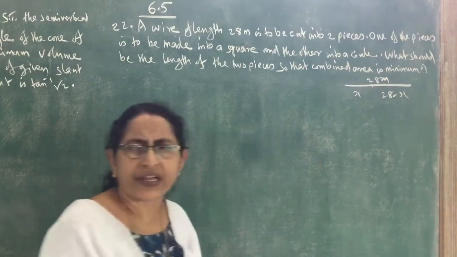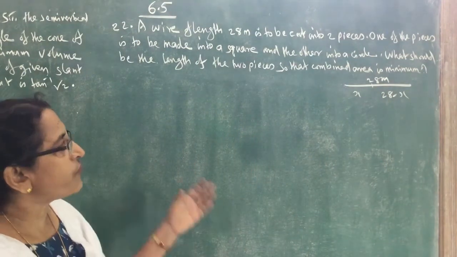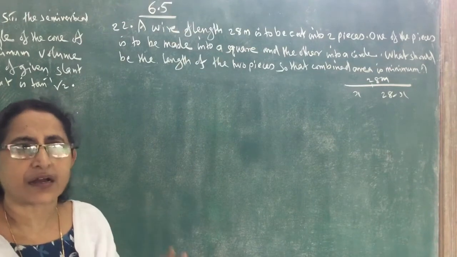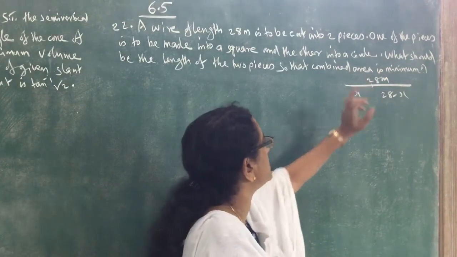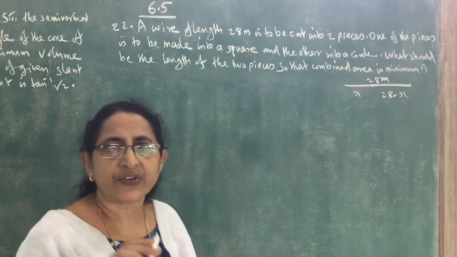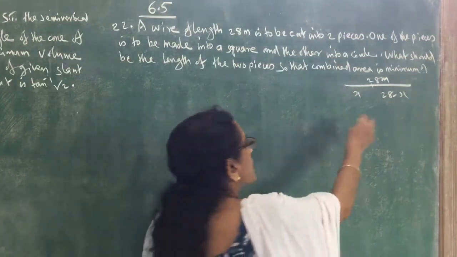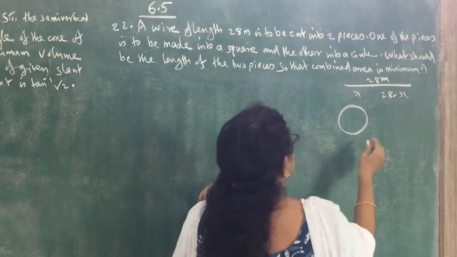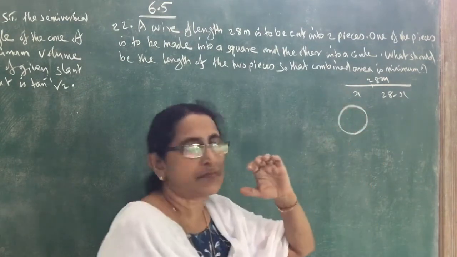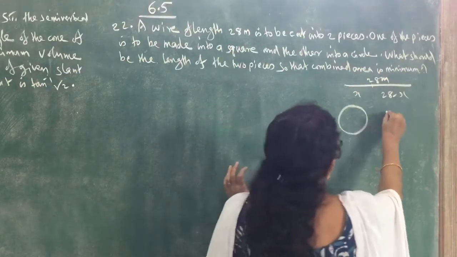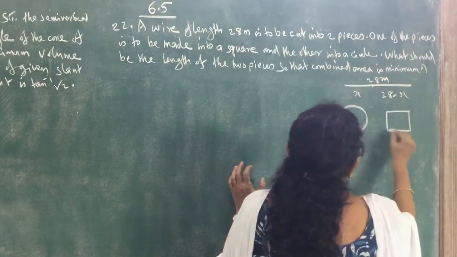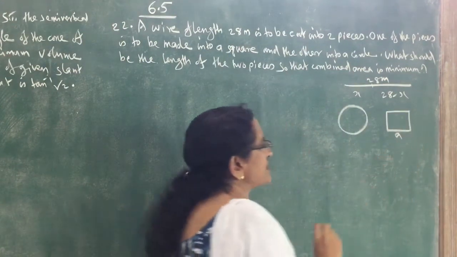These are the lengths of the two pieces, and suppose we use the length x meters to make the circle. So this is a circle with one piece of length x meter, and the other piece is used to make a square of side a.